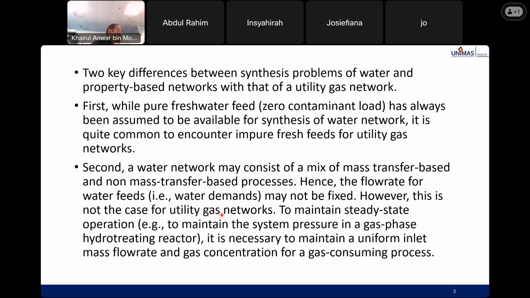Because to maintain a steady state operation, in system pressure and the hydrogen reactor level, it is necessary to maintain a uniform inlet mass flow rate and gas concentration for gas consuming units. So the inlet for gas should be stable.